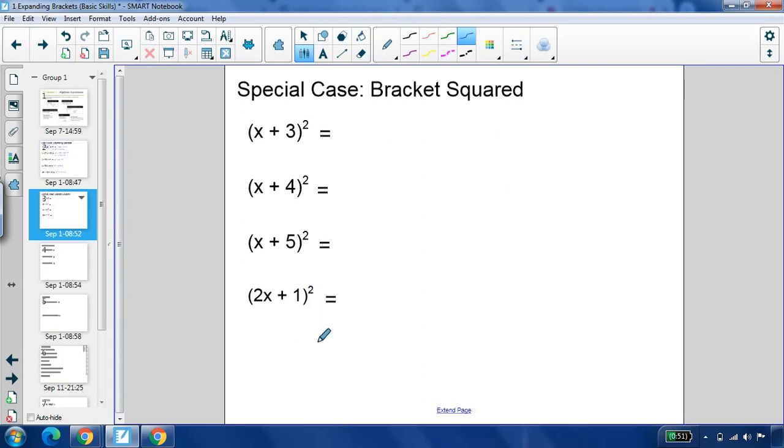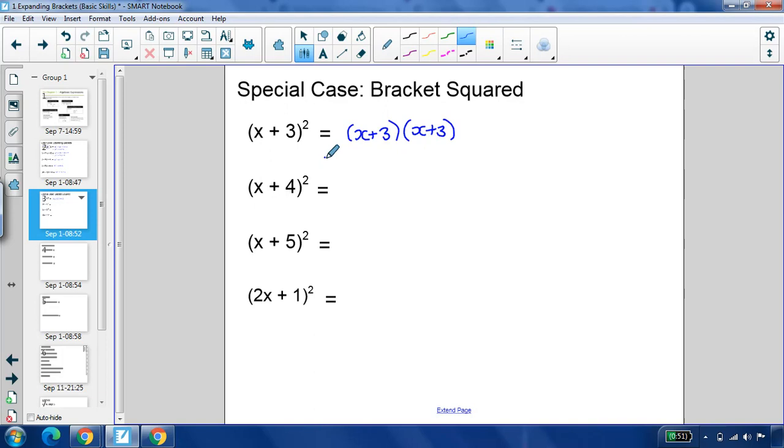Going to look at a couple of special cases now then. So we've got brackets squared for these examples. So for this one up here, x plus 3 squared just means x plus 3 multiplied by itself. So we can rewrite this as x plus 3, x plus 3.